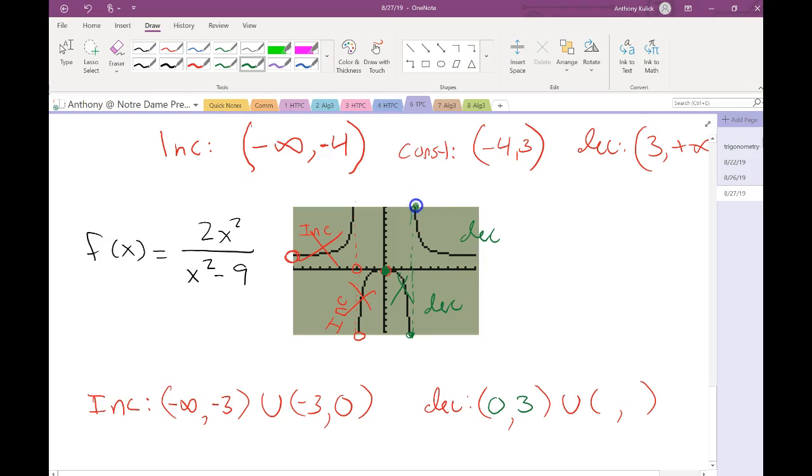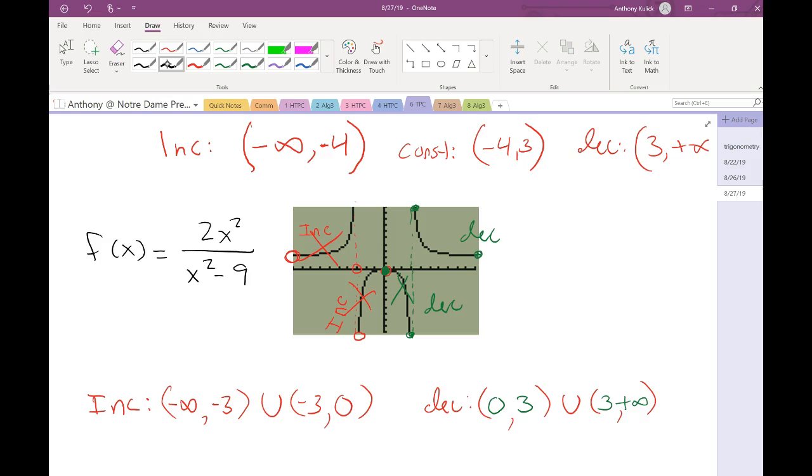The beginning of it starts here. That's about what x-coordinate? 3. And it ends here at the very far edge of the graph. What's that really mean? Yeah, positive infinity, or you could write infinity without the plus sign. That's fine for the positives. Everybody okay with that idea? This feels manageable, I hope?